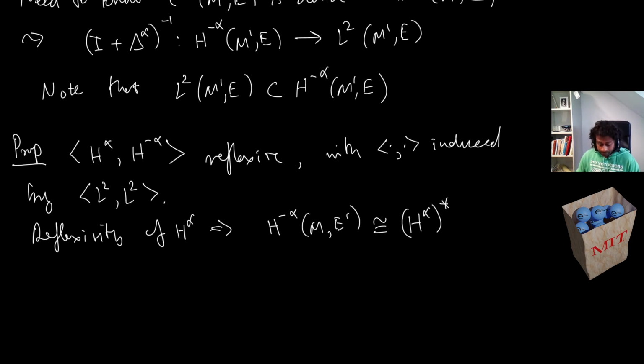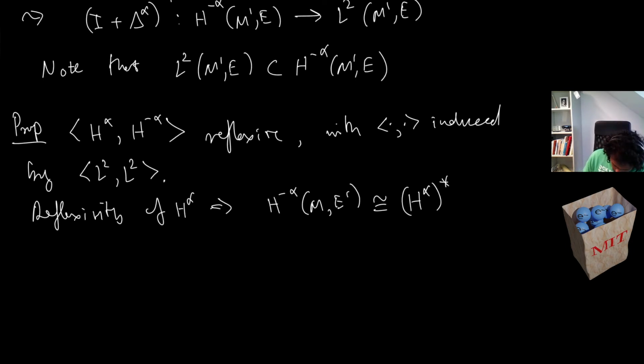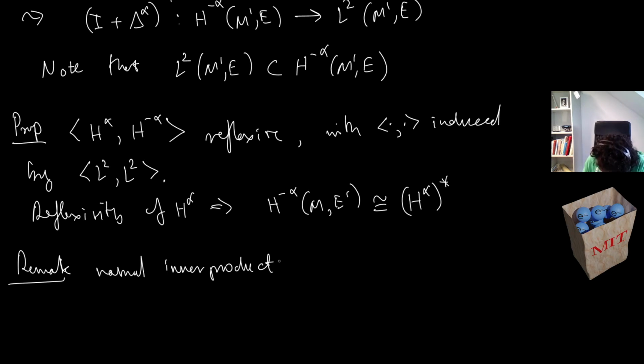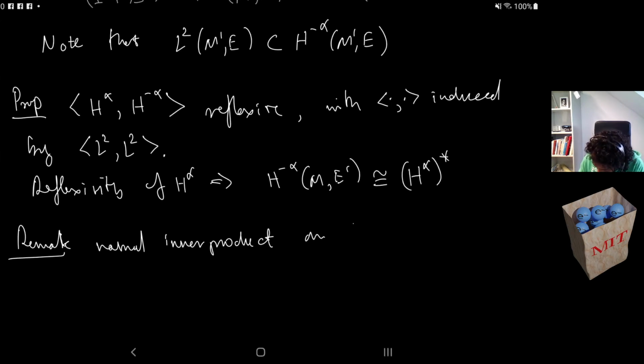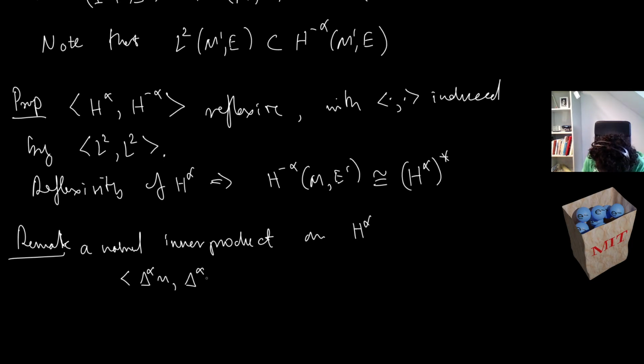Okay? So I just want to remark that a natural inner product on H alpha is, for instance, given by the inner product of Laplace to the alpha u and Laplace to the alpha v, right?